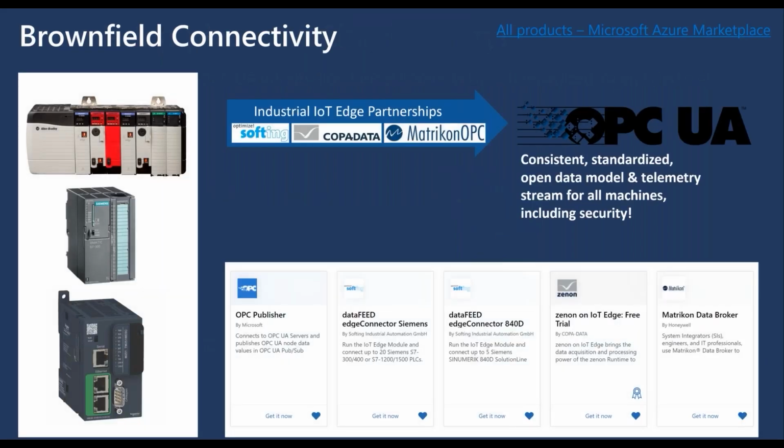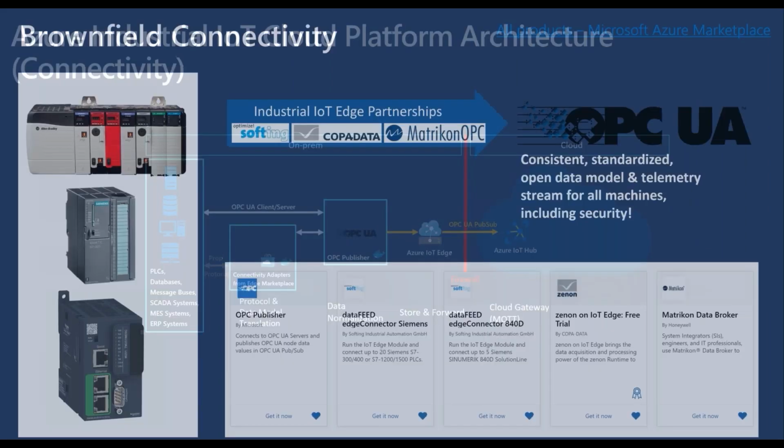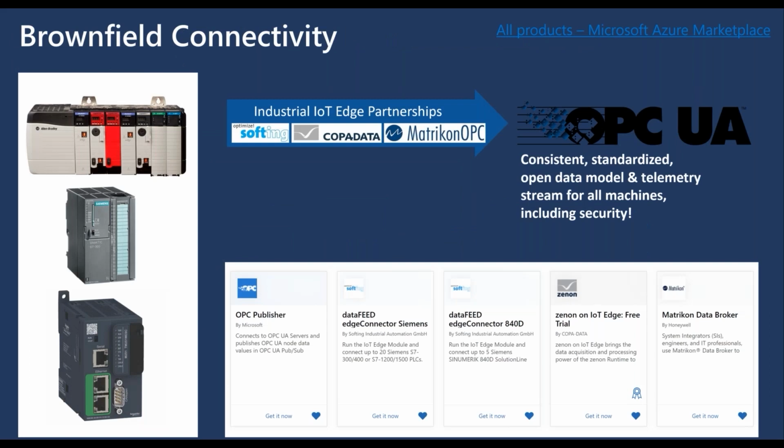So this may come as a shock to you, but not every machine or PLC out there supports OPC UA out of the box yet. So you're going to have to use industrial connectivity software. The good news is that Microsoft has been doing partnerships with connectivity software providers for a long, long time, and the list of modules available in the Azure marketplace keeps growing.